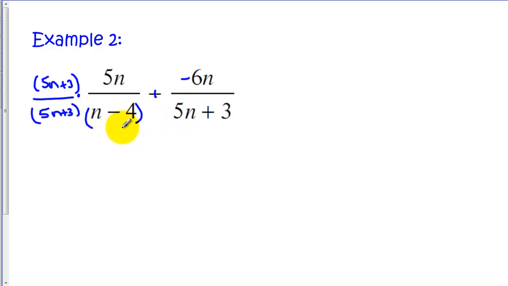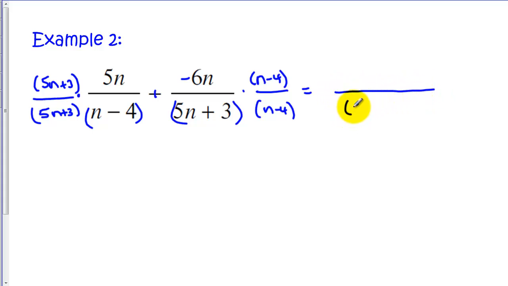And over here, we're missing the n minus 4, so I have to multiply by n minus 4 over n minus 4. I like to put parentheses around my factors so we can see they go together. Now we're going to leave our answers in factored form. So our common denominator is n minus 4 times 5n plus 3. Oops, forgot the n there.